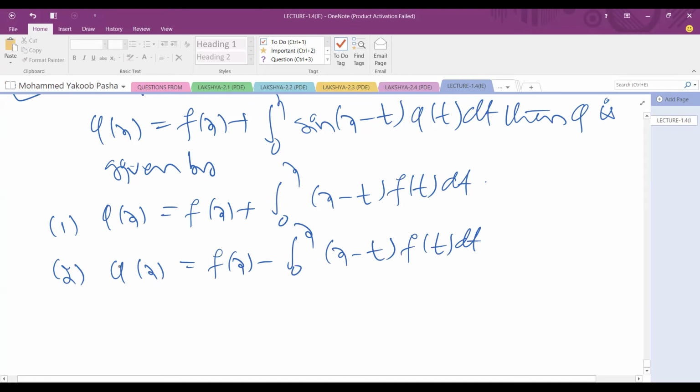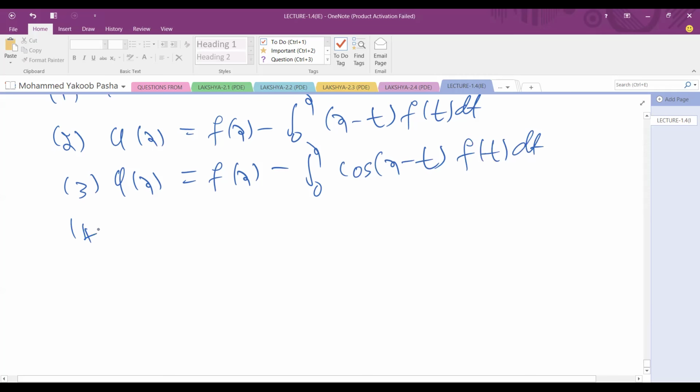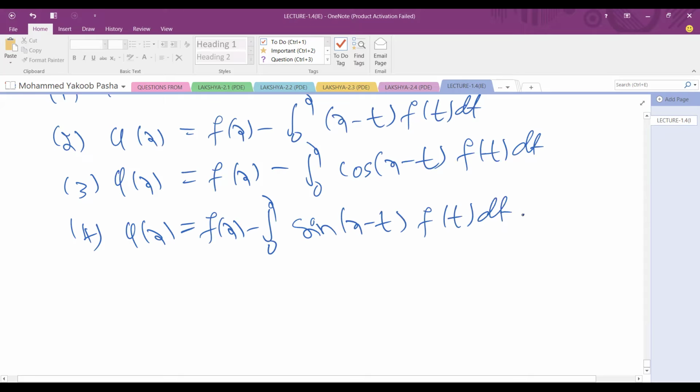Third option, phi of x is equal to f of x minus integral 0 to x cos x minus t f of t dt, and fourth option, phi of x is equal to f of x minus integral 0 to x sin x minus t into f of t dt. Okay, these are the four options we have.